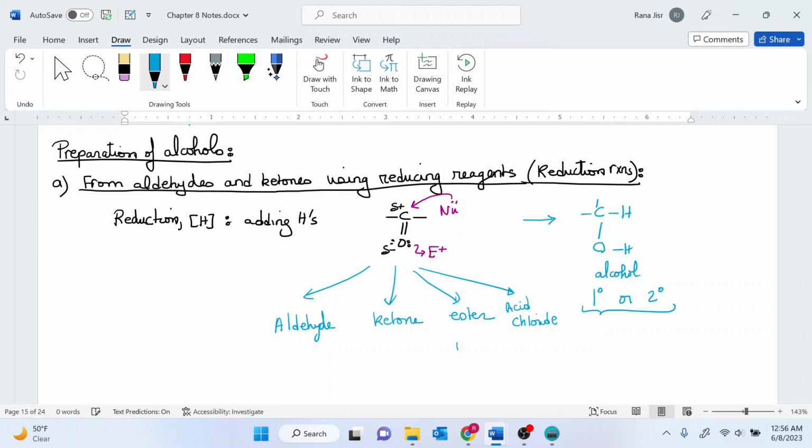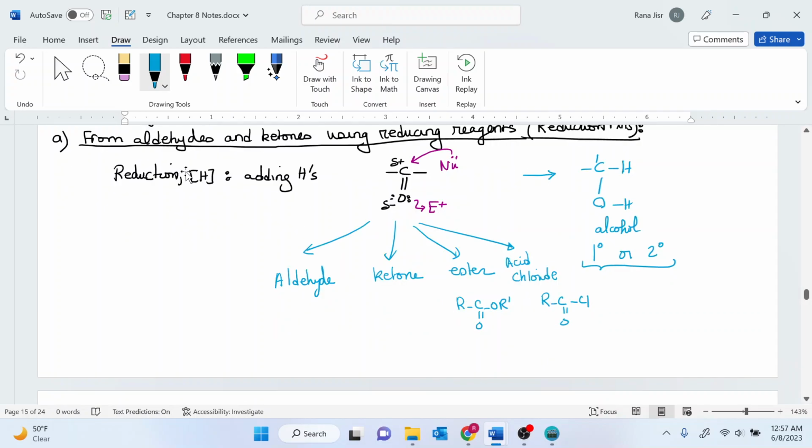The general formula of the ester is RC double bond O, OR prime. And the general formula for the acid chloride is RC double bond O and a chlorine. So you can start with either one of those carbonyls, and your product is going to be a primary or a secondary alcohol.